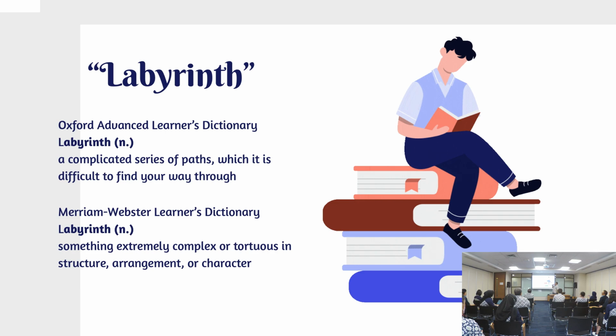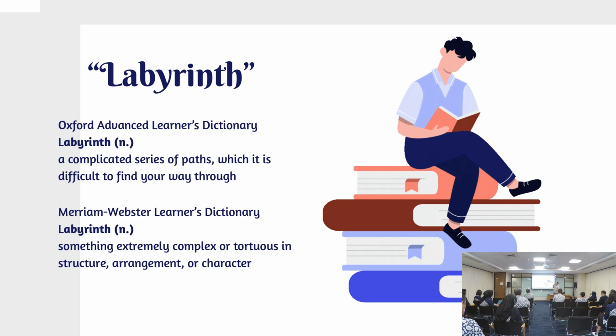The first is the Oxford Advanced, a British dictionary. They said it is a complicated series of paths, which is difficult to find your way through. The second one is American, Merriam-Webster's Dictionary. Labyrinth is something extremely complex or intricate in structure.